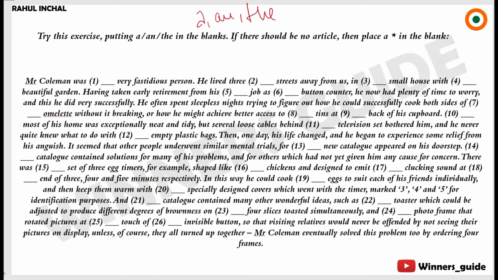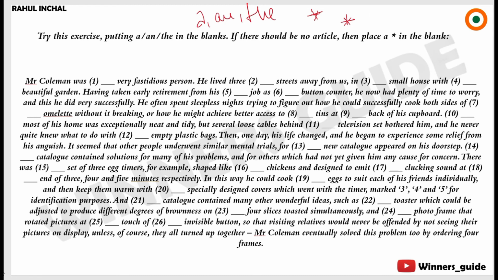So in such blanks, use this symbol. Okay, there are few blanks where there is no article at all. Okay, the statement is correct. So I want you to understand when to use and when not to use articles also, which is why I have given this twist. Okay, so do this exercise and comment below, and we'll check how much you've understood articles.